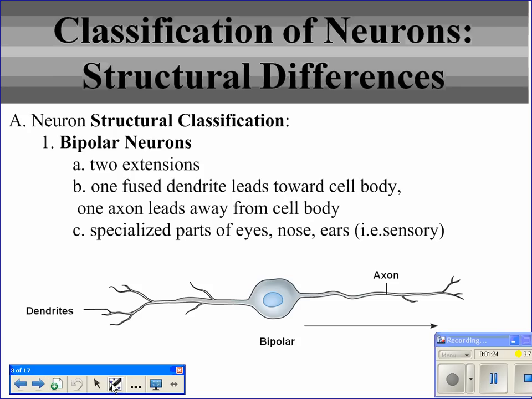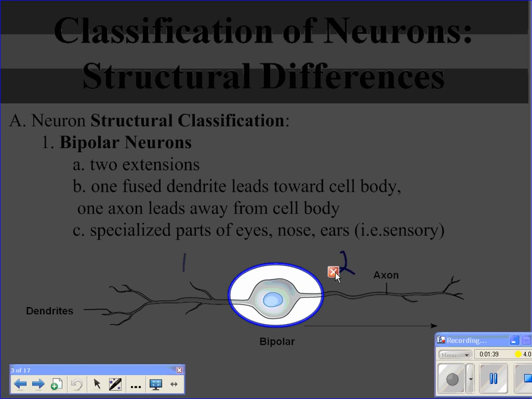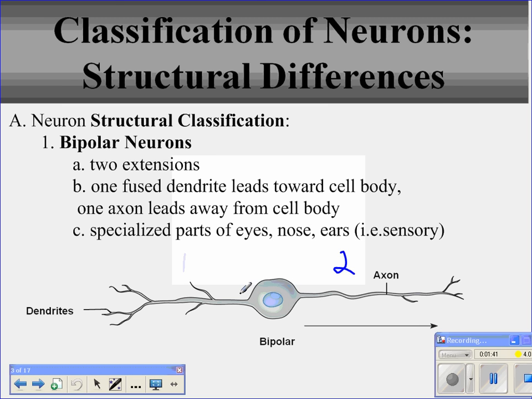The first one we're going to talk about is the bipolar neuron. Note there are two extensions. There's one extension here and the second extension here, and the soma, or the cell body, sits right here in the middle. So the signal comes all the way across. And so on one end, we have the dendrites.